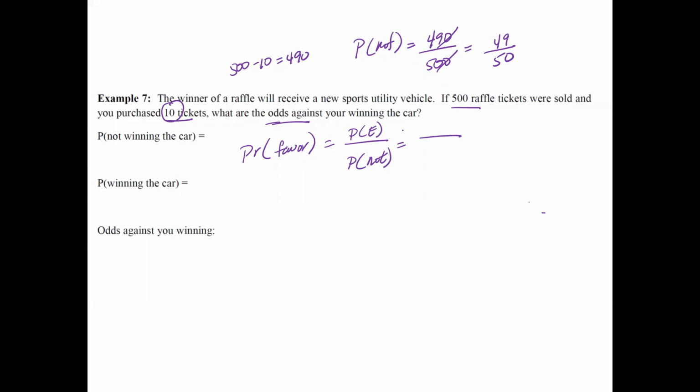So the chance of you not winning is going to be 49 over 50. And then the chance of you winning is going to be 1 out of 50.